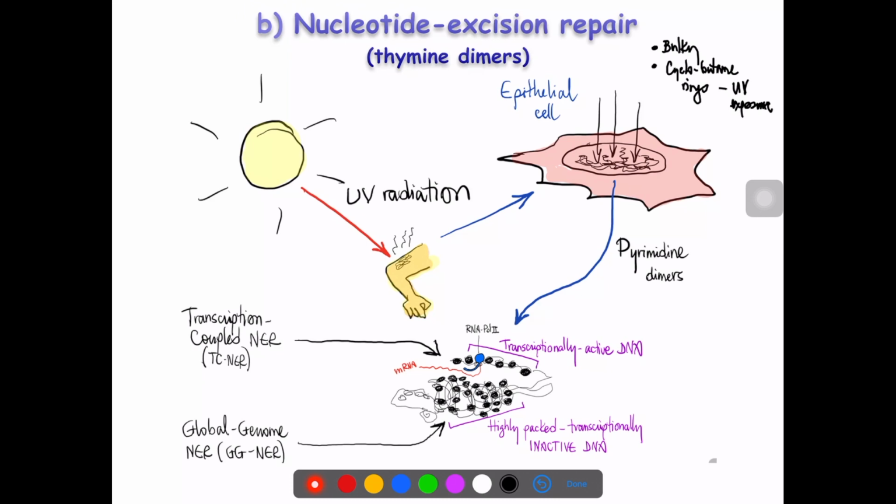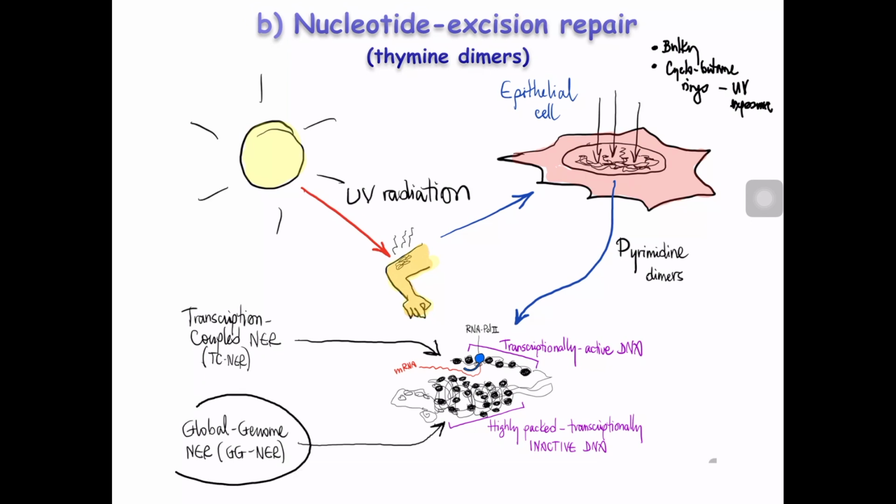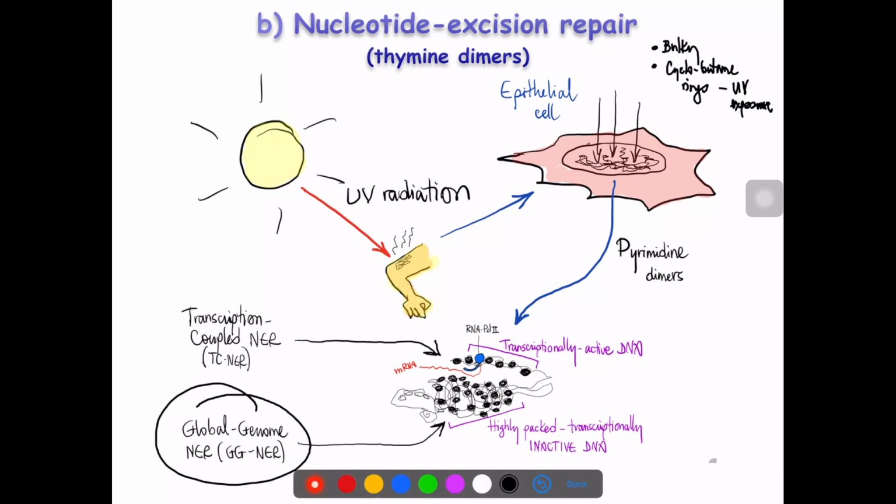All right. Now, when it comes down to nucleotide excision repair, you can imagine that the type of damage that will be repaired by nucleotide excision repair can happen in two different locations within our genome. One of them is it may actually fix damage that happens anywhere in our genome, but specifically in regions that are not being transcribed. So when it is used to fix damage in regions that are not being transcribed, it is referred to as global genome nucleotide excision repair.